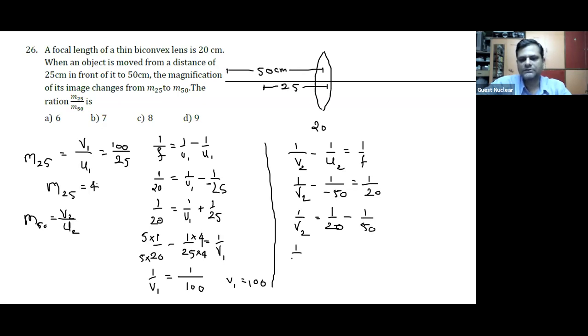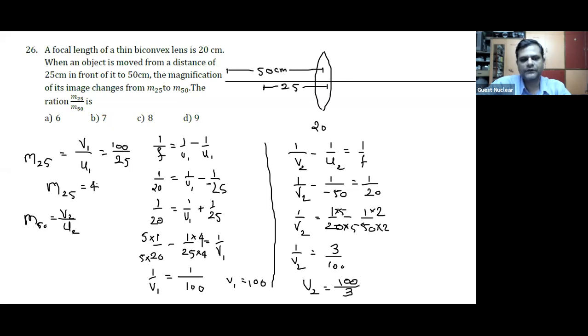And hence it becomes 1 upon v2 is equal to, यहाँ पे भी LCM 100 ही बन रहा है, तो इसको हमको 5 से मल्टीप्लाई डिवाइड करना पड़ेगा और इसको 2 से, so that we can just get this 5 minus 2, that is 3 upon 100 as it is. So v2 becomes equal to 100 upon 3, correct? So this is v2.